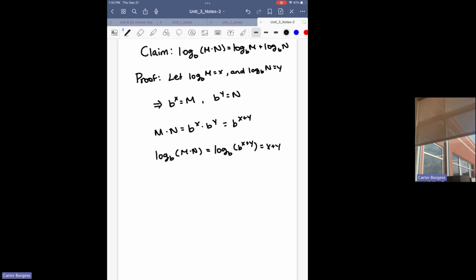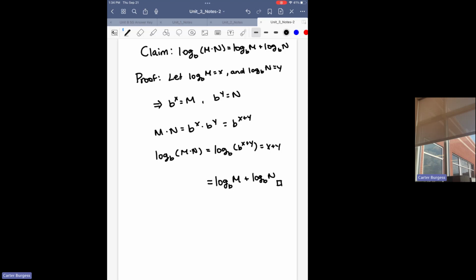Right. But x plus y, those are just placeholders. What is x really? Yeah, that's just log base b of m. Plus, what is y? Log base b of n. And that's what we're trying to show.